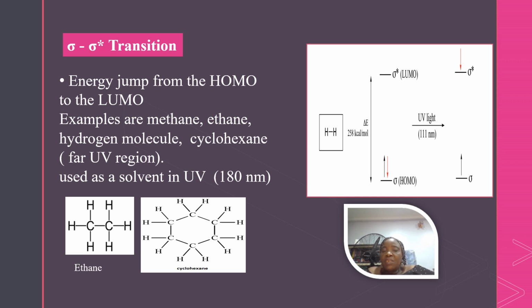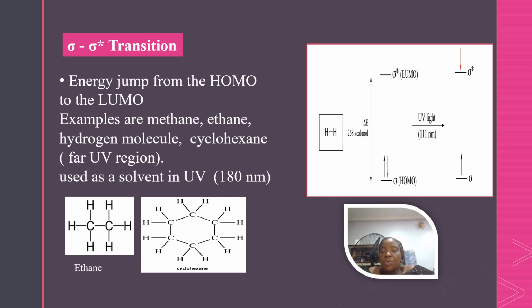This transition takes place due to electromagnetic radiation that gets absorbed, and the energy used to jump an electron from the HOMO to the LUMO is referred to as the sigma to sigma star transition. This transition requires a large amount of energy, so it typically occurs in the far UV region.